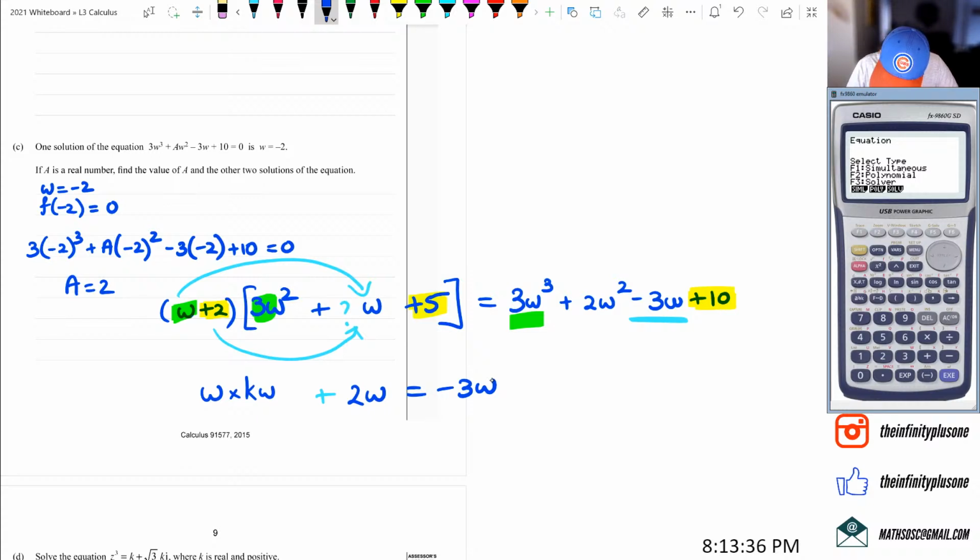Give me 1 second. No, that's going to become w squared. Sorry, that's not right, because that's going to become w squared. I should do w times 5.